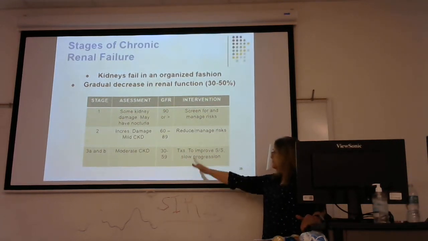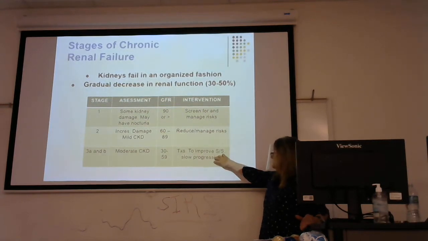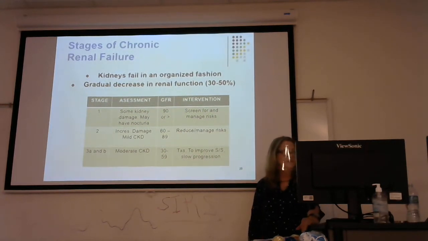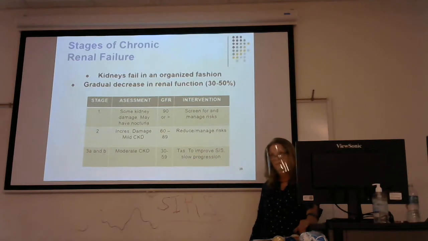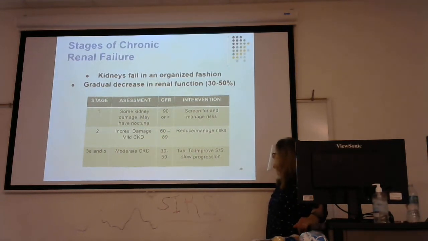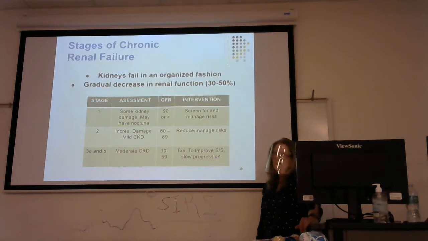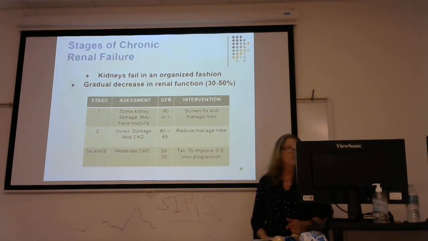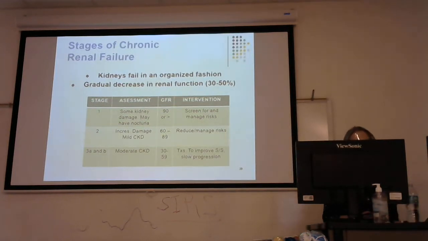So these first 3 stages, it's usually down here before I start seeing things like swelling feet, nausea, and maybe a little bit of anemia. But start seeing some of those problems that develop when our kidneys don't work.